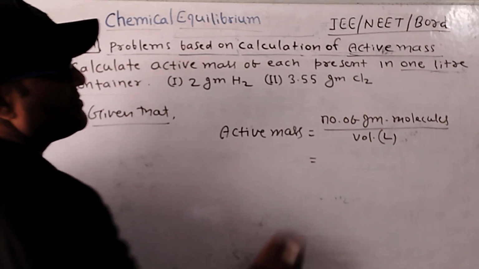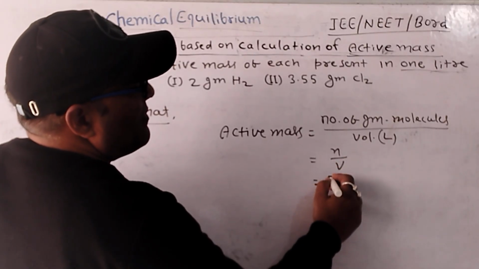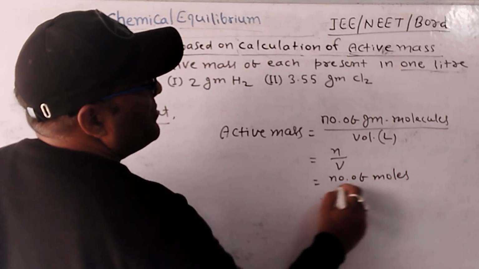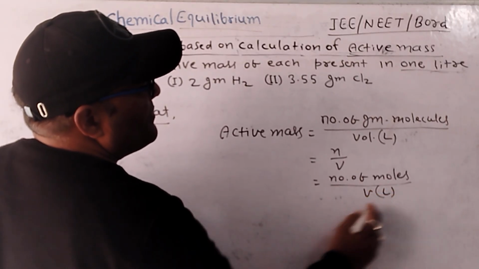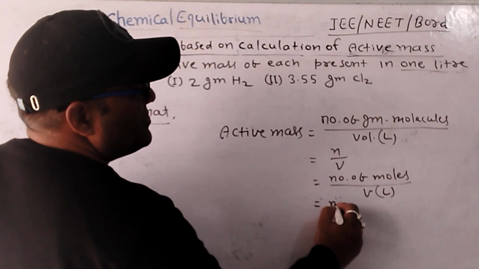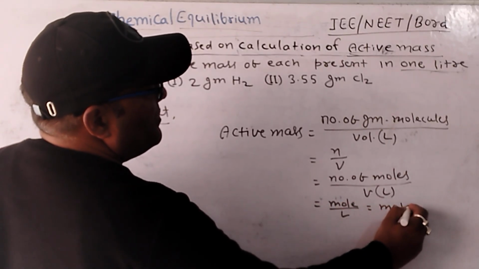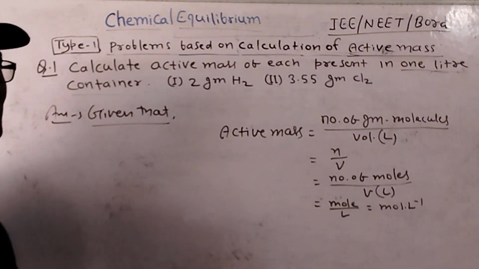We can also write N by V, meaning number of moles of molecules divided by volume in liter. So the unit is mole per liter. So finally the unit of active mass is mole per liter.